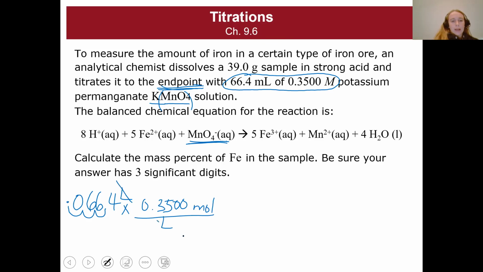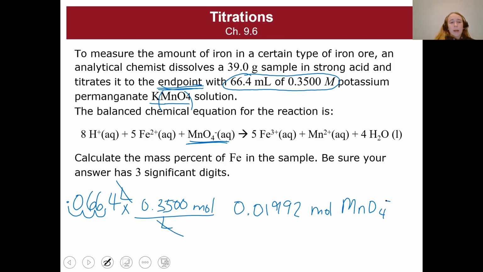Liters are going to cancel out, and we're going to get 0.01992 moles of permanganate ion. Potassium permanganate, permanganate ion, same difference. We have the same number of moles. So we have 0.01992 moles of permanganate ion.